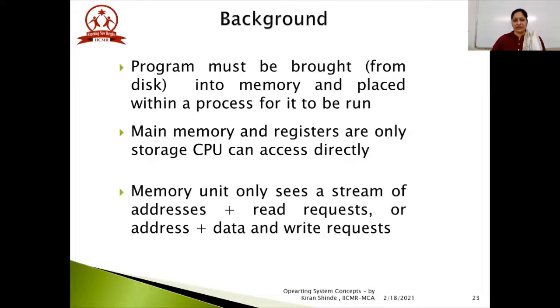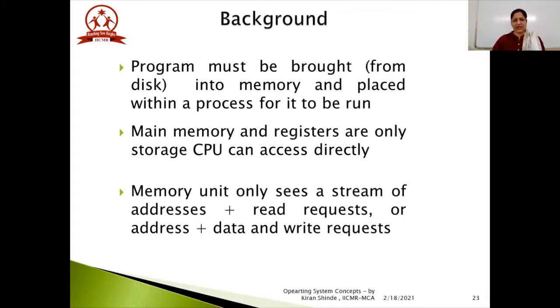Now, in a couple of slides, we will first understand the background behind this memory management. The program, first of all, must be brought into memory and placed within a process for it to be run. So that's the main essential need. When that particular program is to be executed, it should be brought into the memory. Main memory and the registers are the only storage the CPU can access directly.